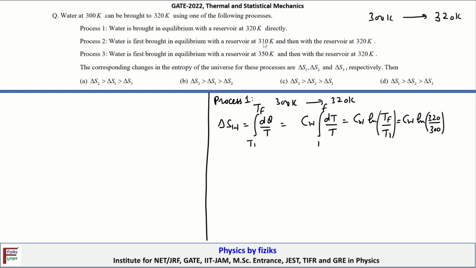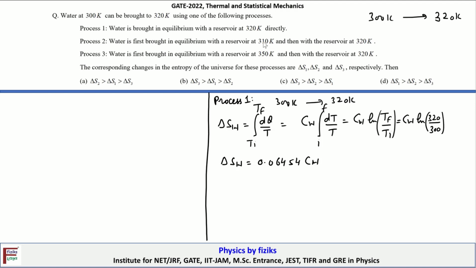If we do the calculation, this number comes out to be equal to delta S W, that is equal to 0.06454 multiplied by Cw. So that's the entropy change of water during this step.